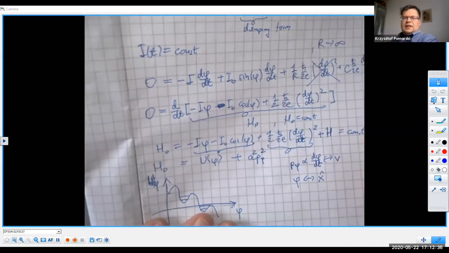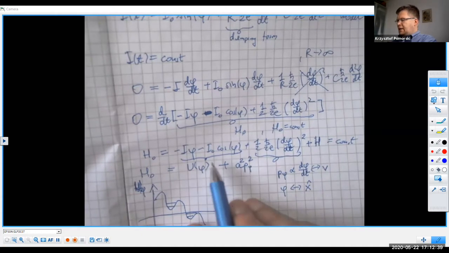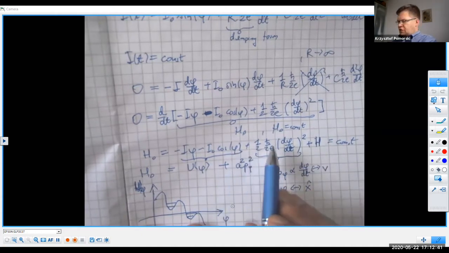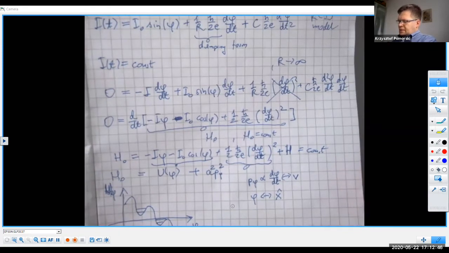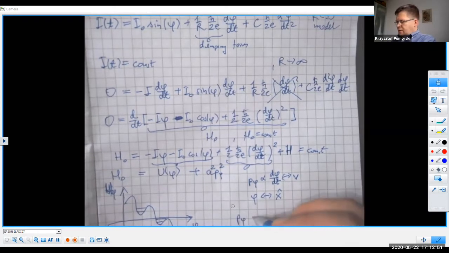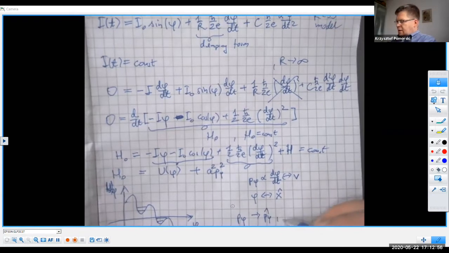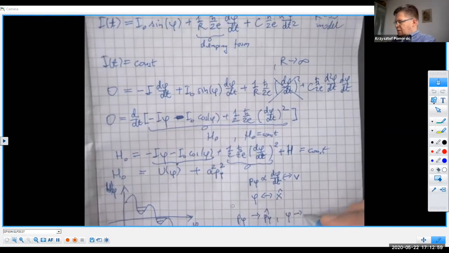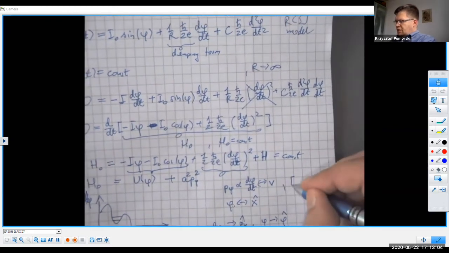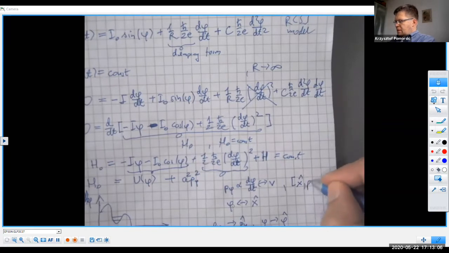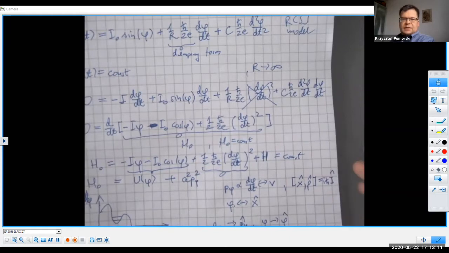And going from classical, so this is still a kind of semi-classical picture. What happens is that we have to replace this scalar with an operator, and again this phase difference with an operator phase difference. And as you know from the harmonic oscillator, we have the famous commutation relation that is basically like this.